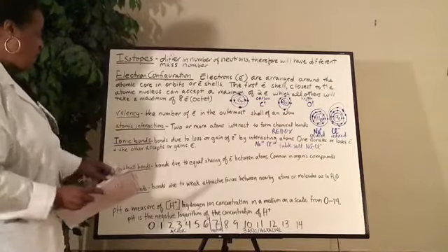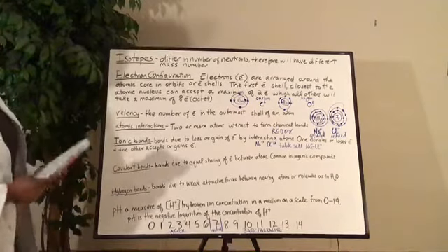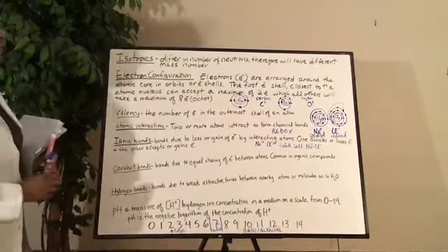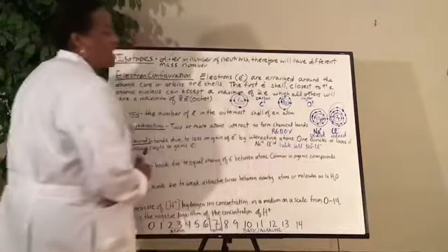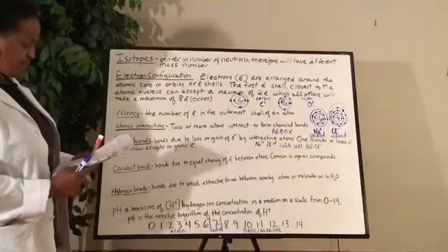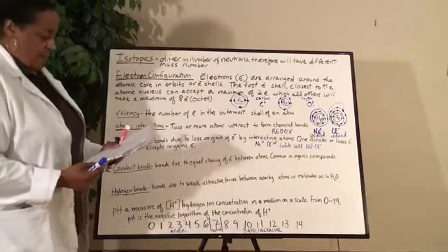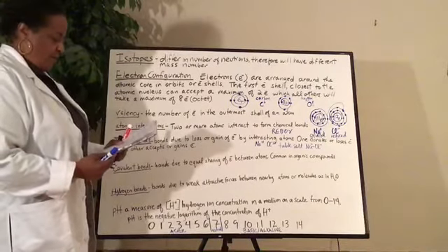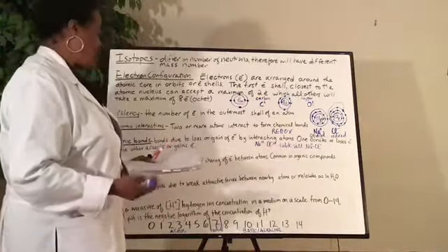Let's look at covalent bonds. Covalent bonds are due to an equal sharing of electrons between atoms. This is common in organic compounds. For example, just remember it's common in organic compounds.